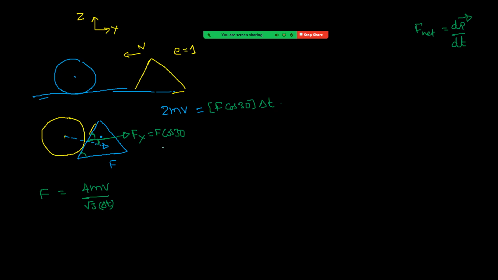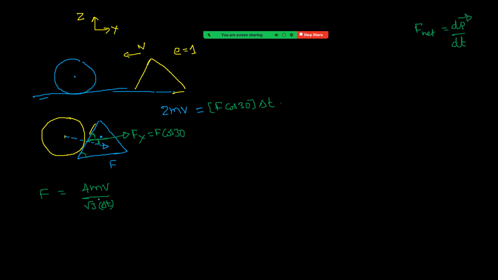We have taken that F cos 30 is the force acting on the wedge. That force into delta t gives us the change in momentum along the x-axis. So from that, F equal to 4mv upon root 3 delta t.